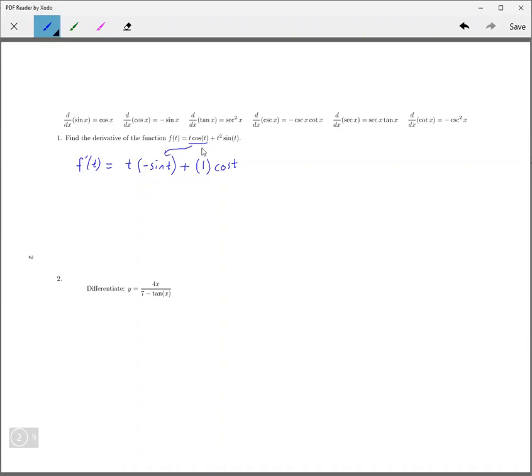Okay, so that gives me those 2 terms. And then this one gives me 2 terms as well. So that's t squared times the derivative of the second part, which is cosine t. The derivative of sine is cosine. Plus the derivative of t squared, which is 2t, times sine t.